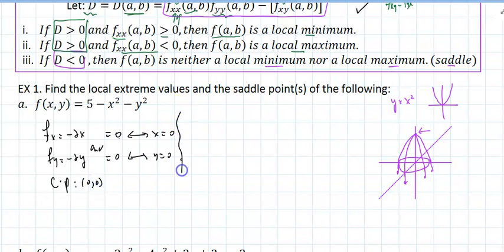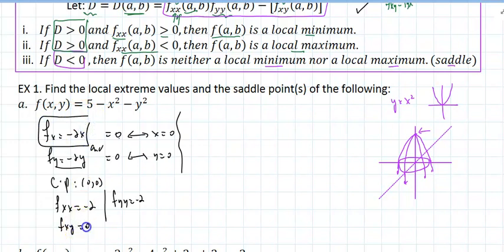Now I'll figure out what d is. To do that, I need f sub xx, which is negative 2. I need f sub yy, negative 2. And I need f sub xy. Take a derivative of that with respect to y, that's a 0. So d is f sub xx times f sub yy minus f sub xy squared evaluated at this point (a, b).